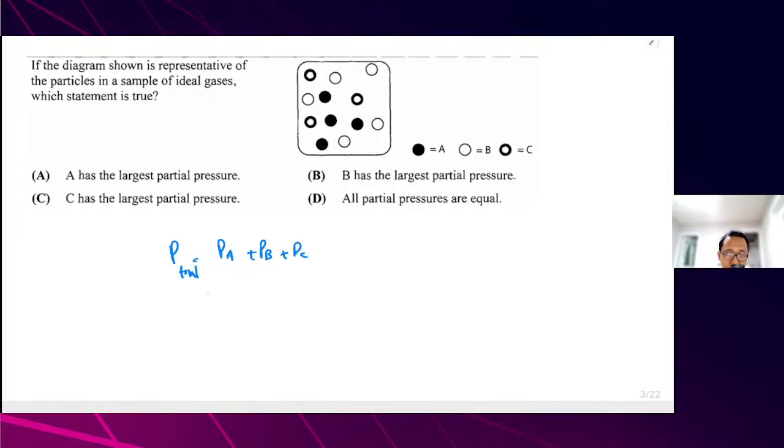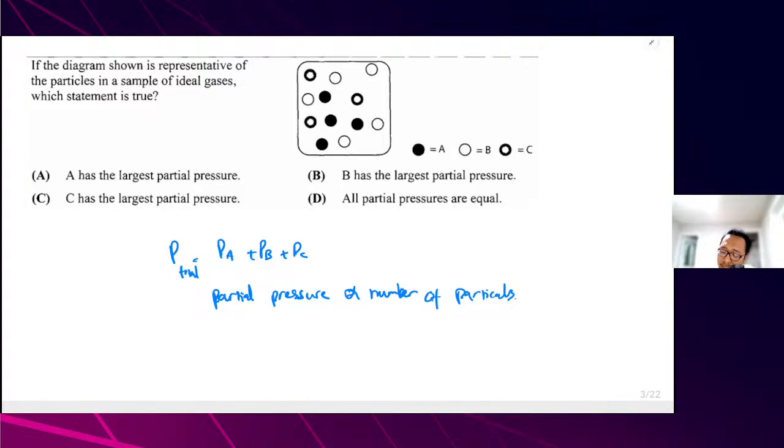Each partial pressure is proportional to the number of particles.